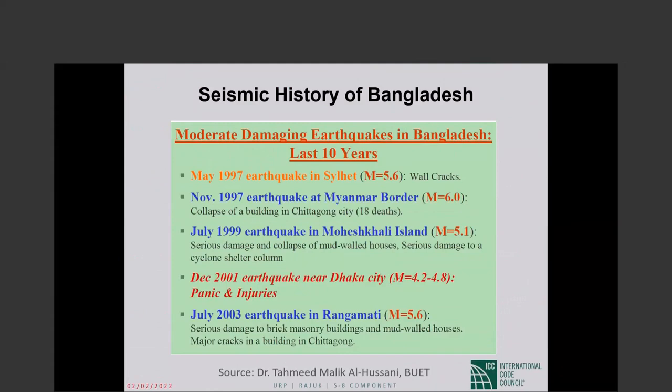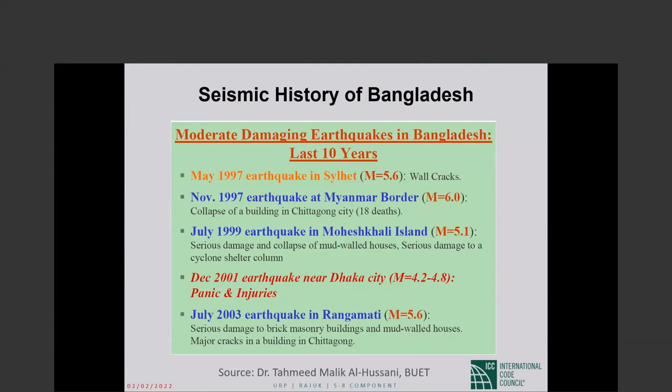Moderate damaging earthquakes in Bangladesh in the last 10 years. There's a list. May 1997, magnitude 5.6. November 1997, earthquake at Myanmar border, 6.0. July 99, Moishkali. December of 2001, earthquake near Dhaka. Panic and injuries.